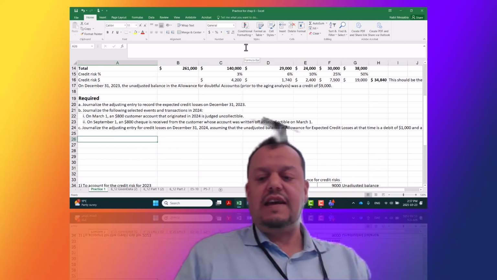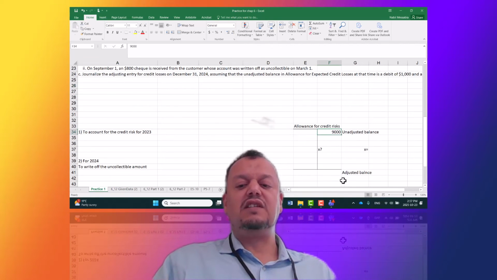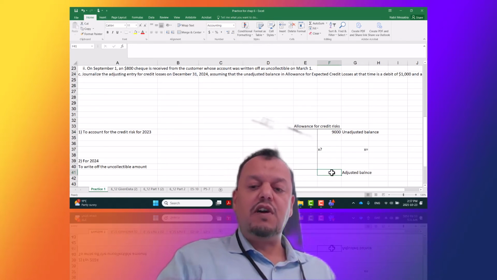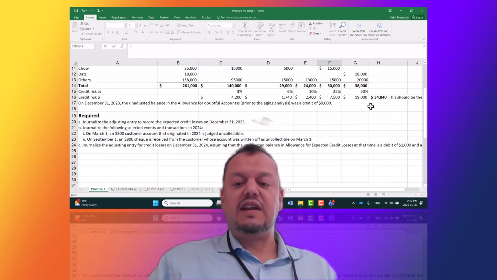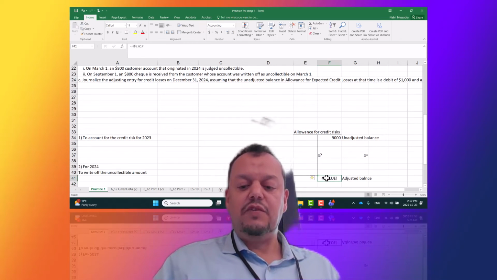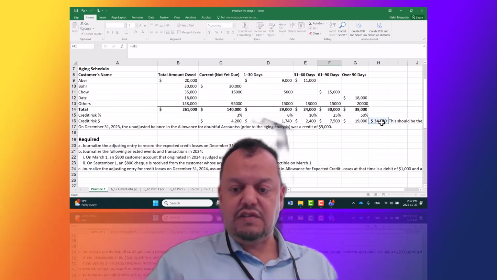Considering that the existing balance before the adjustment entry was $9,000, you have to put the $34,000 here as an ending balance.